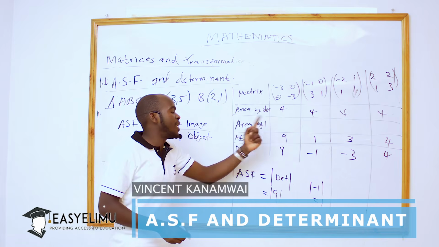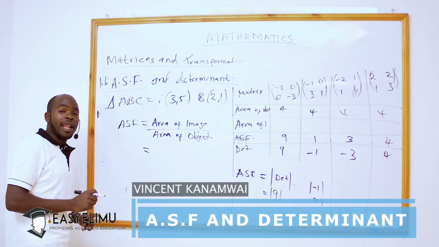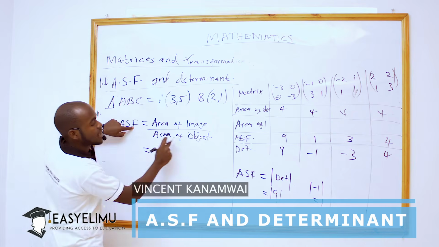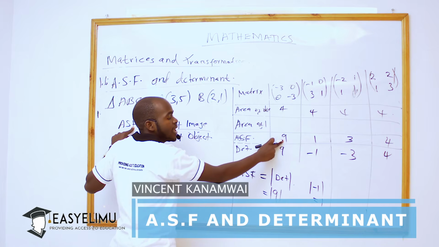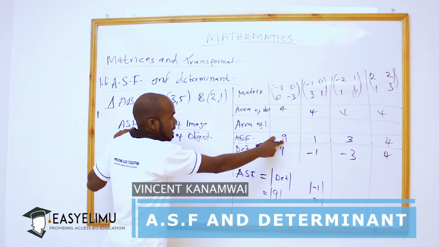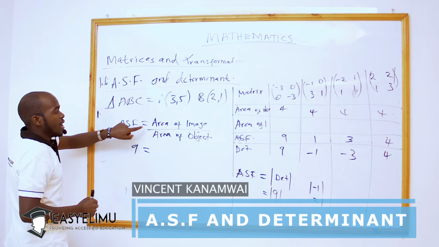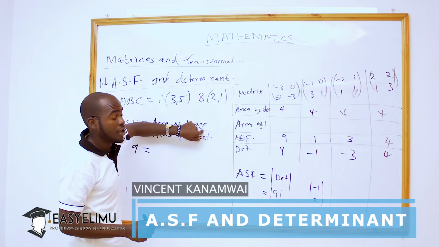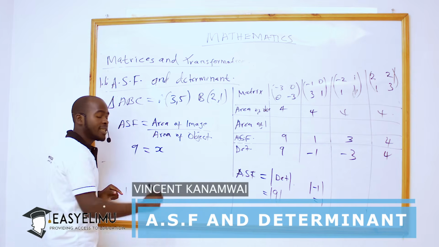To find the area of the image, we shall place there letter X. Here our area scale factor for the first matrix is 9. Now, our area of the image we don't have. That is what we are looking for. Let it be X.